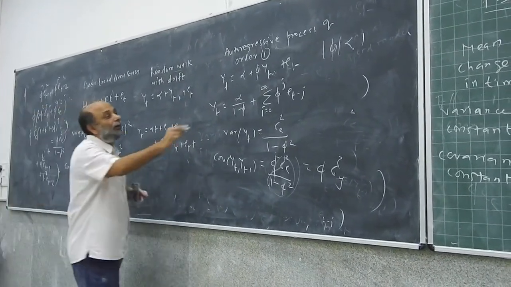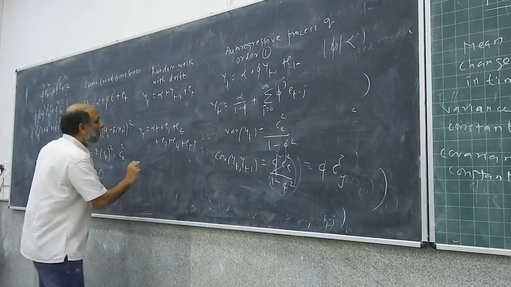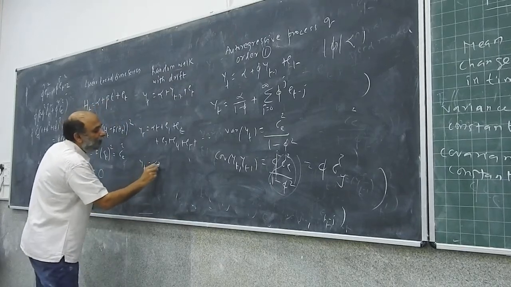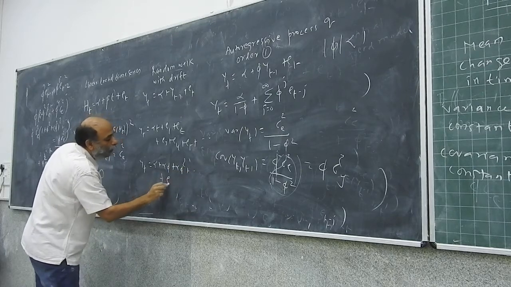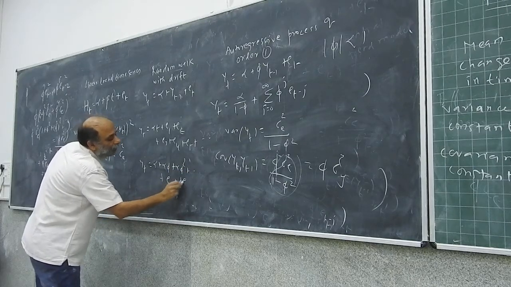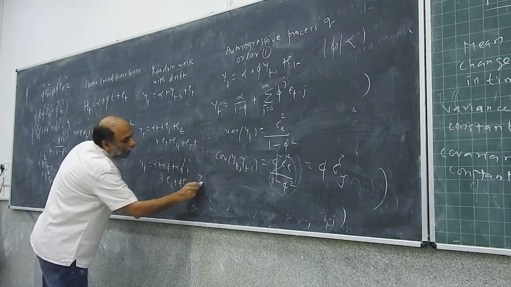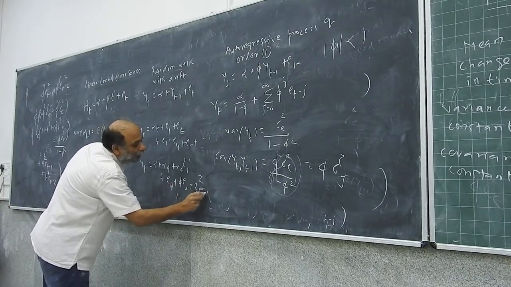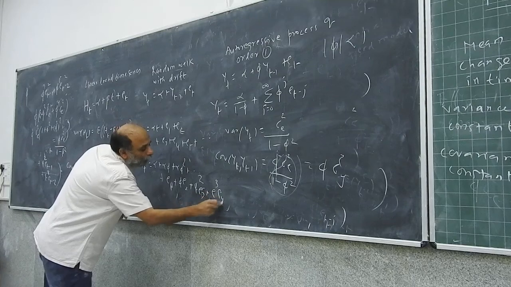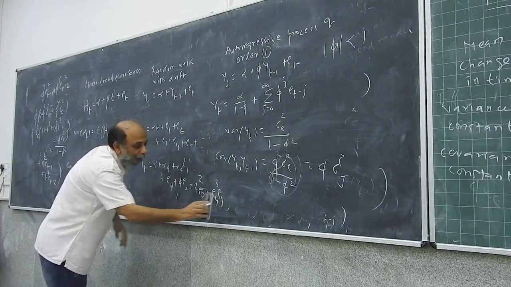Whereas in this model, yt can be written as alpha plus alpha phi plus alpha phi square and so on, plus e1 plus phi e2 plus phi square e3 plus phi cube e4 and so on, right?